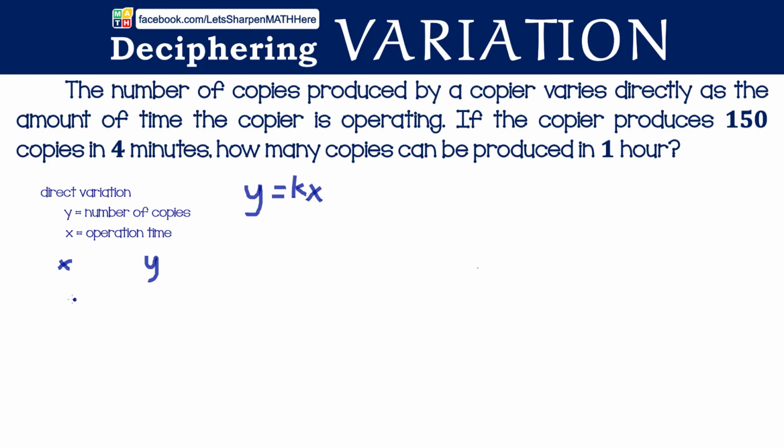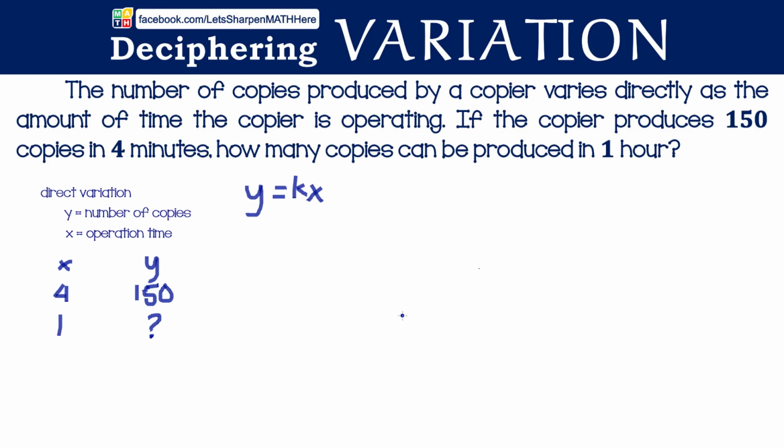We know that a copier produces 150 copies, that's your dependent variable, in every 4 minutes. This is to be used in solving for the value of k, which could be used again in solving for the unknown.